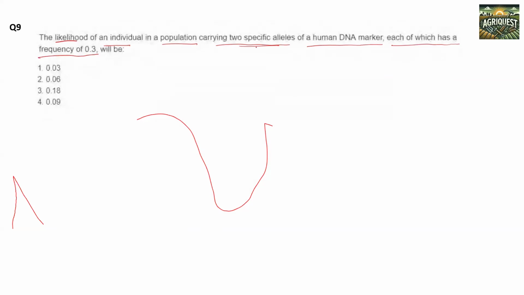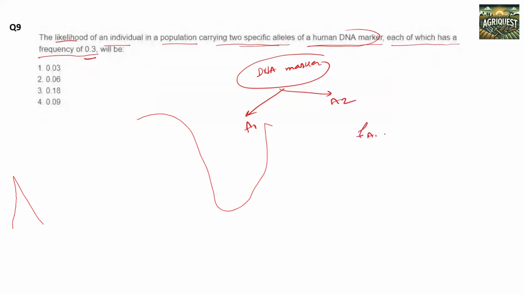This human DNA marker has two alleles, A1 and A2. The frequency of A1 is 0.3 and the frequency of A2 is 0.3 also. What is the probability of an individual in the population carrying two specific alleles, meaning one individual that carries both A1 and A2?